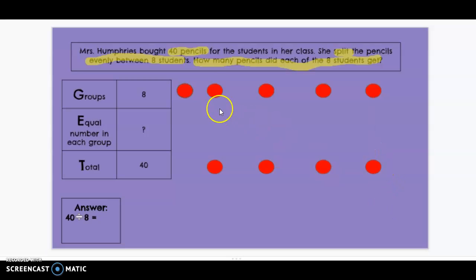Now, in my 8 groups, I'm going to put one piece at a time until I hit a total of 40.